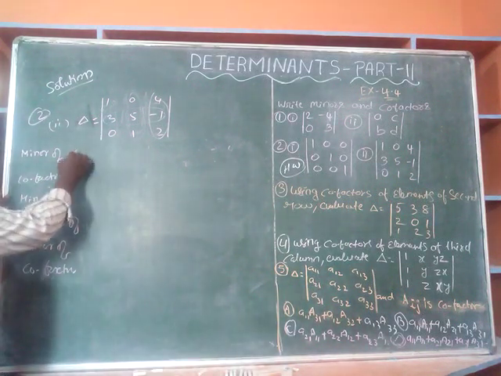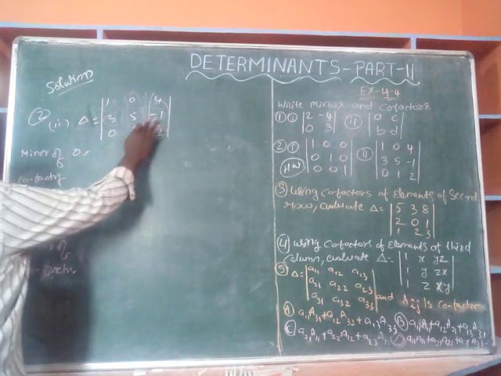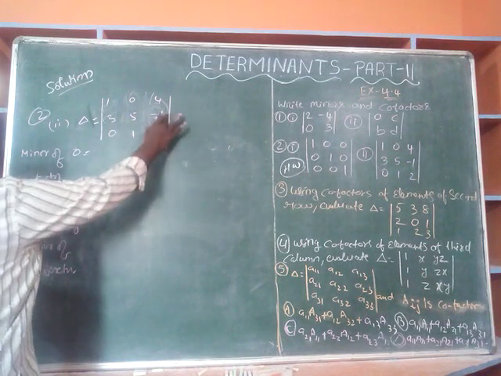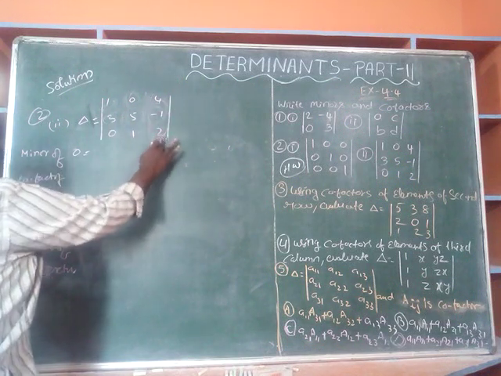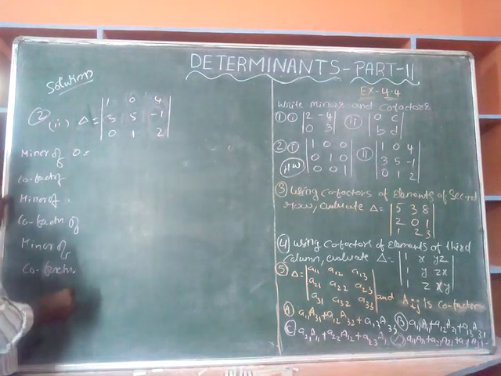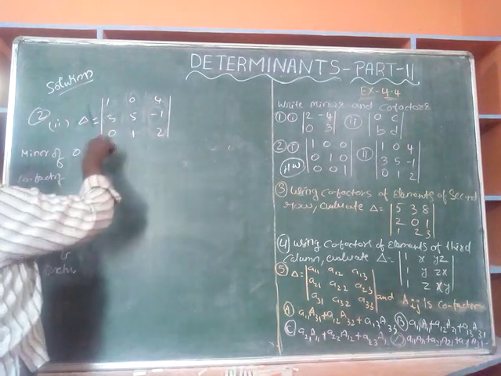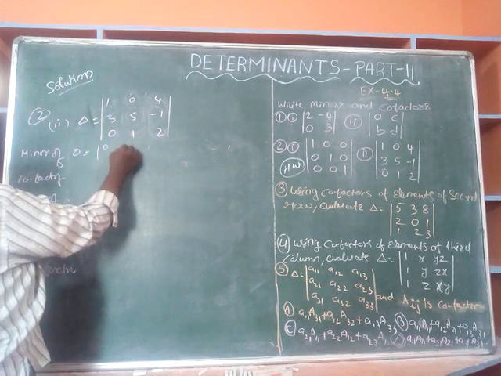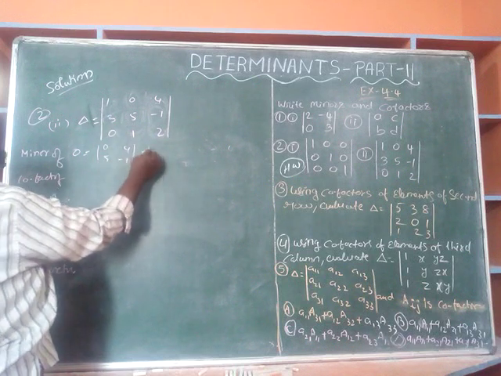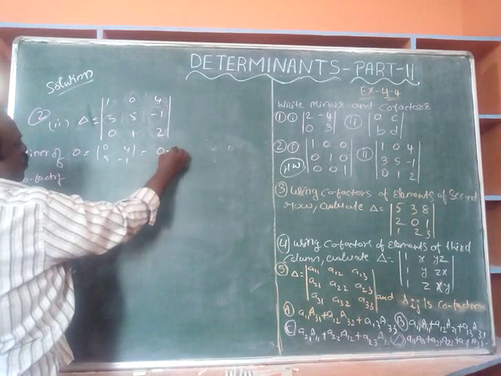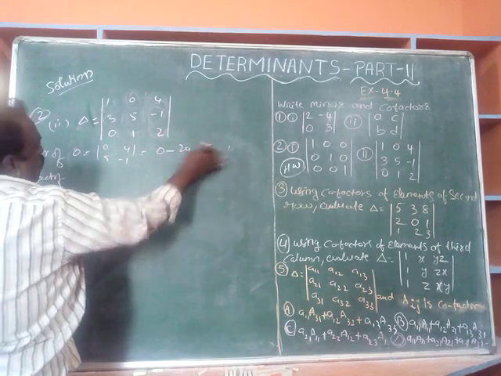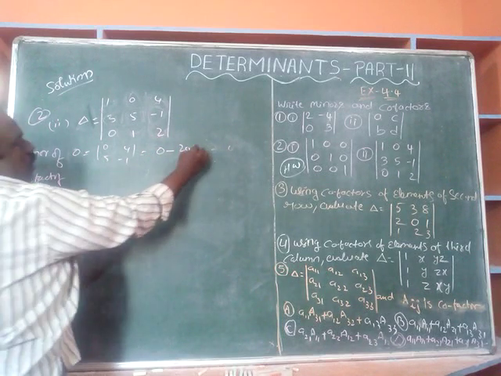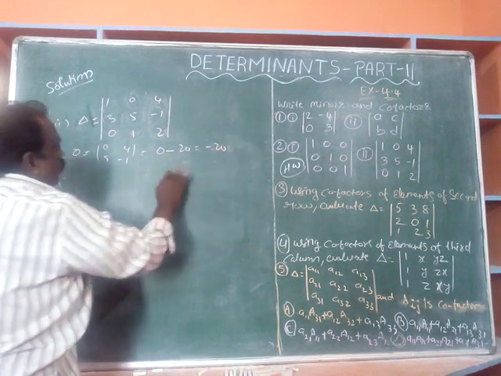Now, the third row. Minor of 0. For this 0, after deleting its row and column, we get 0, 4, 5, minus 1. How much? It is 0 minus 20. 0 into minus 1 is 0, minus 20 is minus 20.